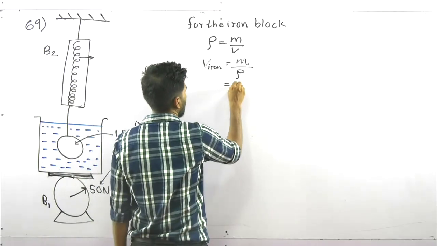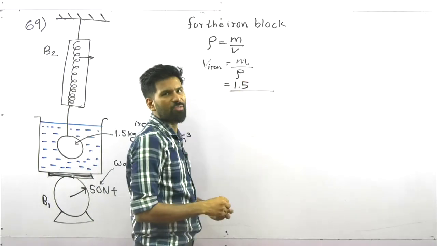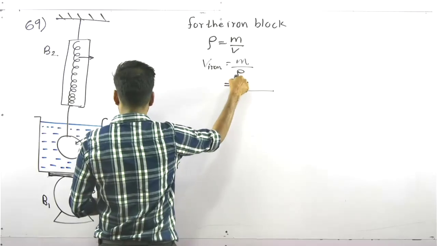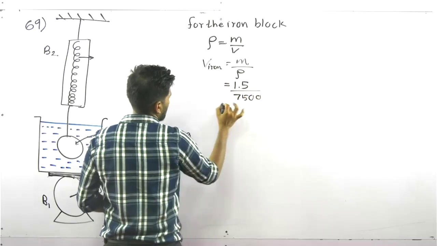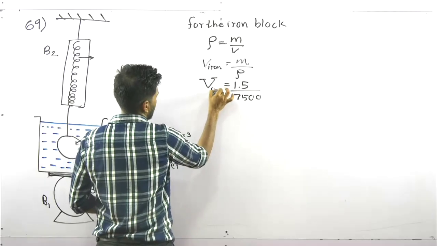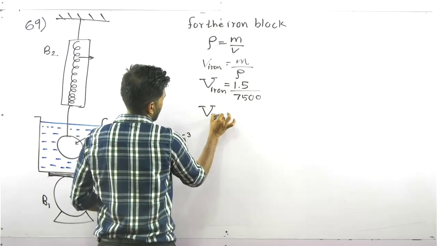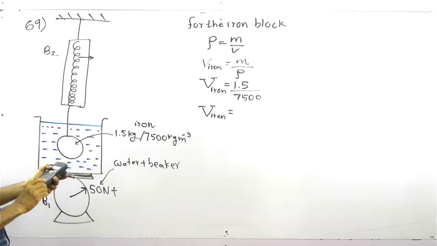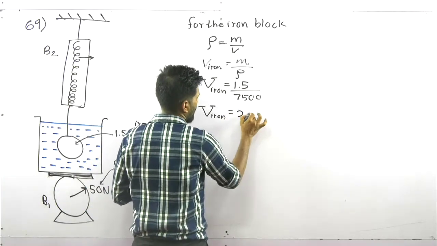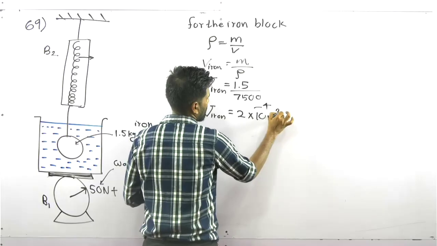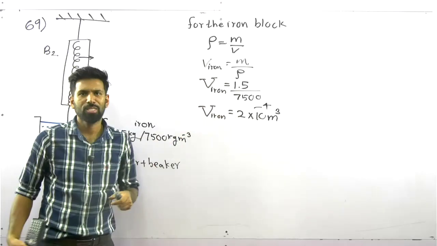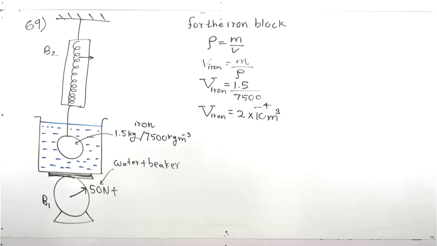Mass is equal to 1.5, given, divided by the density 7500, and I will get the volume of the iron block. 1.5 divided by 7500 is 2 into 10 to the power minus 4 meter cubed.